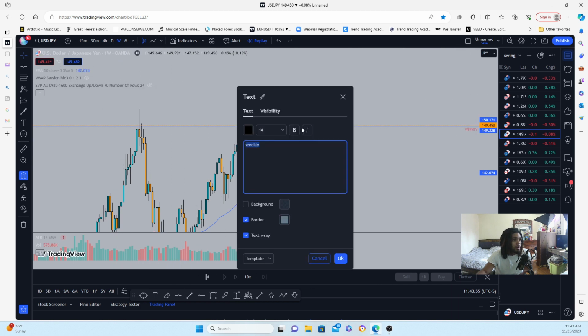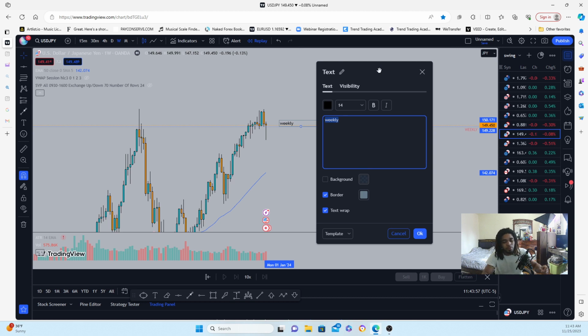So what I would mark this weekly as really is red long wick. Weekly.